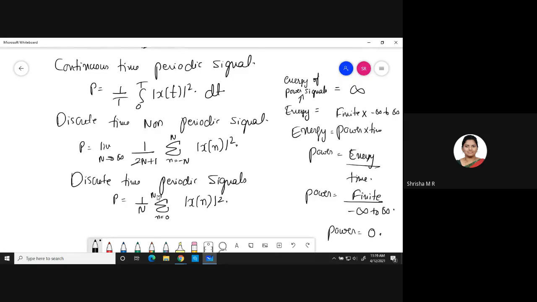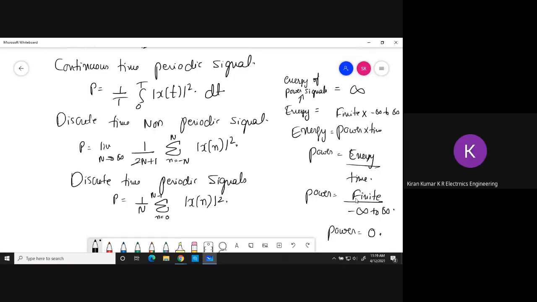The power of energy signals will be 0, whereas the energy of power signals will be infinity. You make note of this. Shall we start solving problems? Clear, everyone?